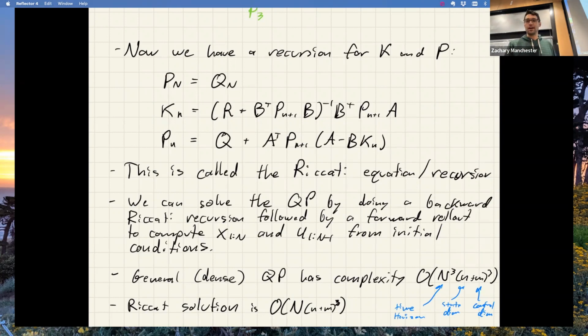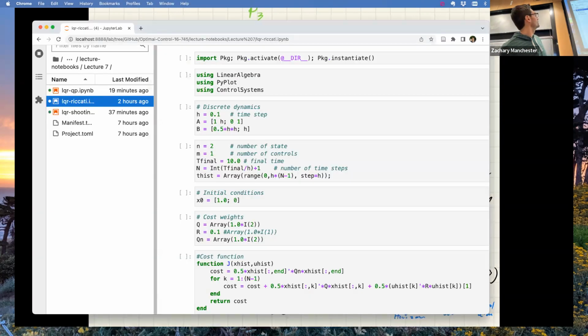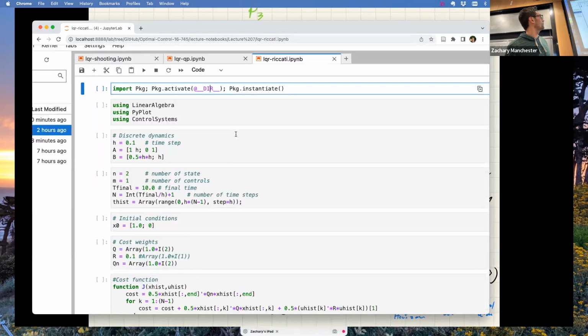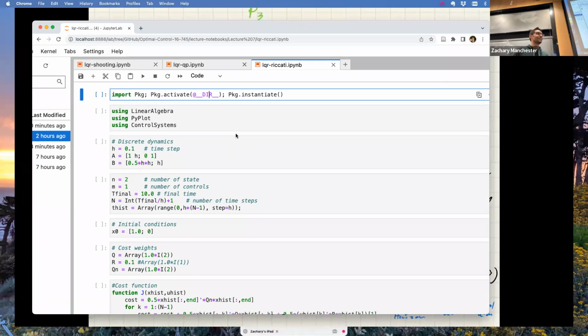Cool. Okay, let's do some stuff with the code. Yeah, what's up? You say that we get a feedback policy u equal to minus kx. Yep. How stable is that with respect to errors? Because here we are assuming we know the entire range of x and u, right? No, we didn't actually have to know x and u at all to do that.